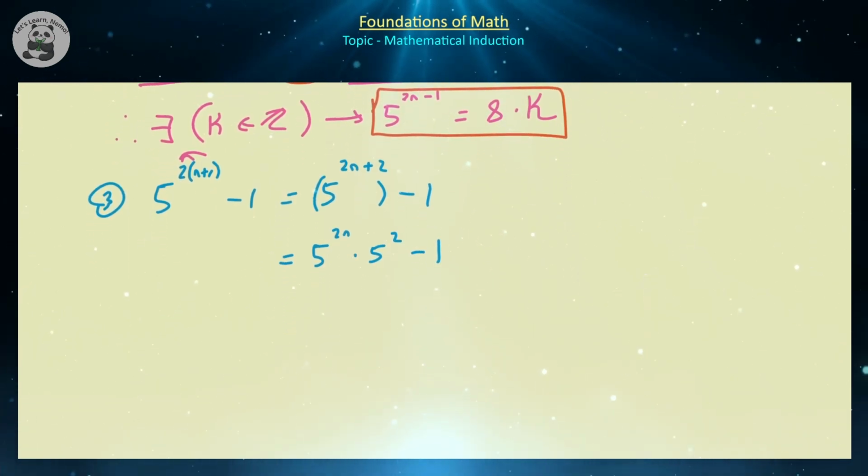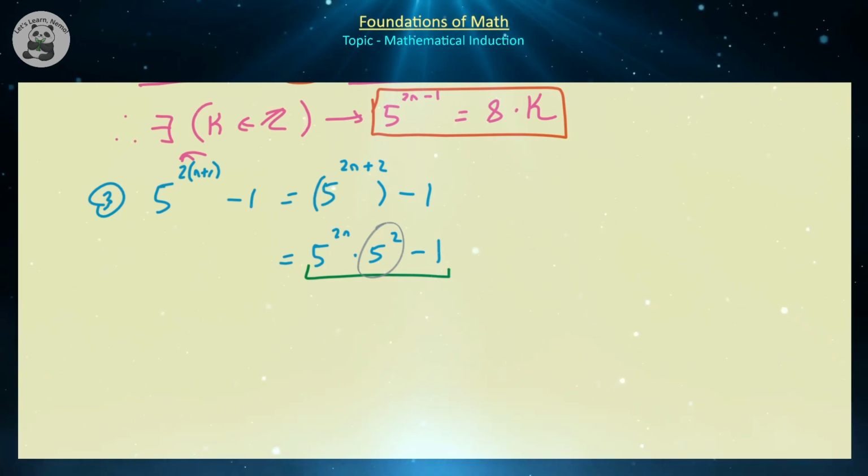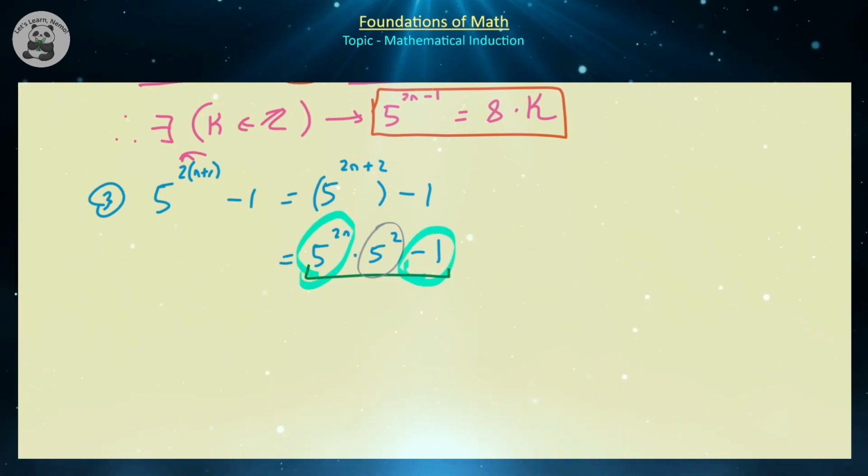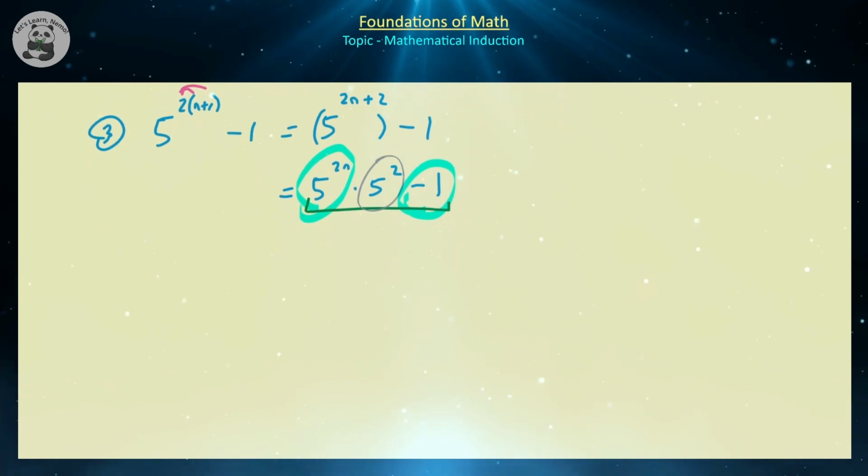So notice what we have here. We almost have our 5 to the 2n minus 1, but this little 5 squared thing is kind of annoying. So usually when we have this type of structure, you have to add some clever form of 0 to factor that annoyance out of your expression, so you're just left with the two things that you want in your linear combination. The common one is that you add and subtract the thing that you're trying to get rid of.